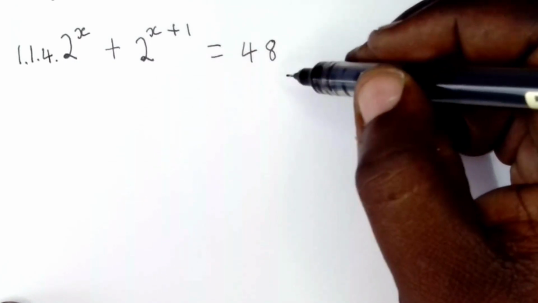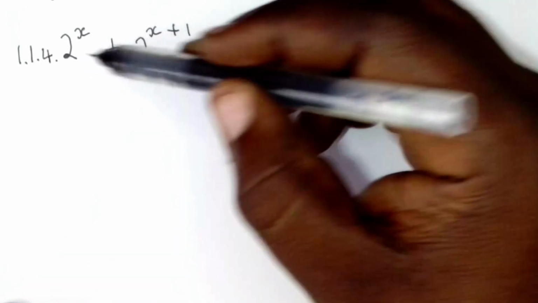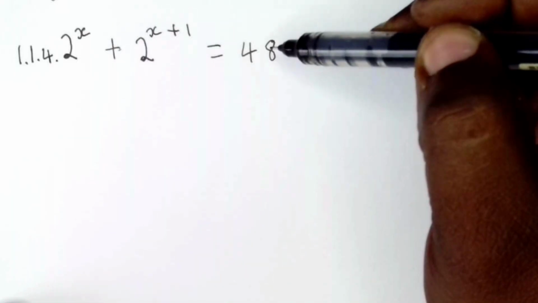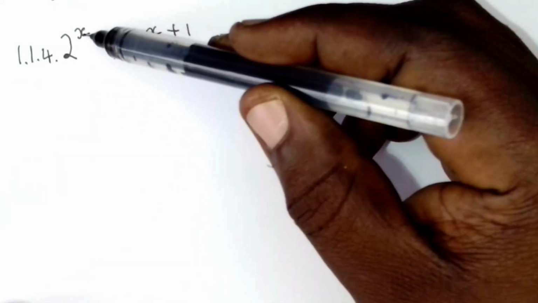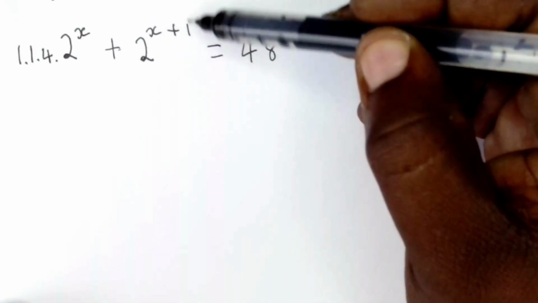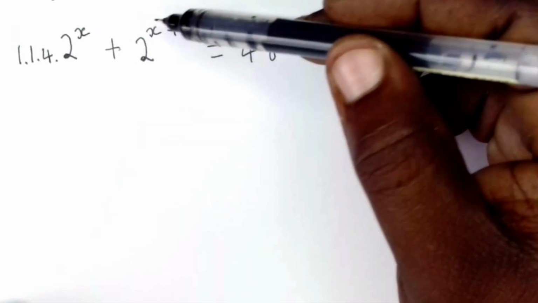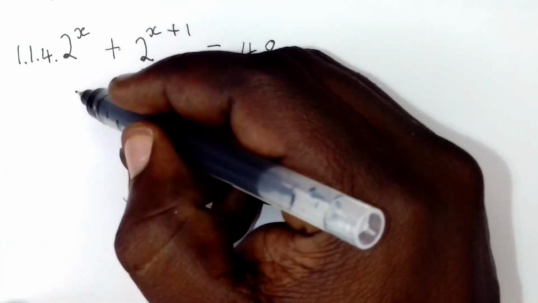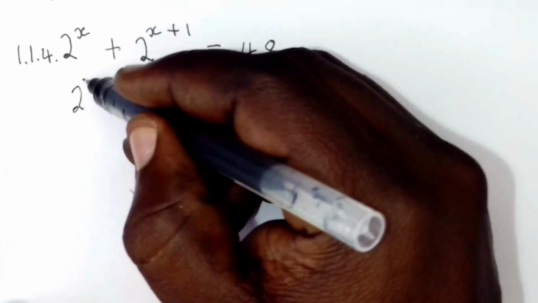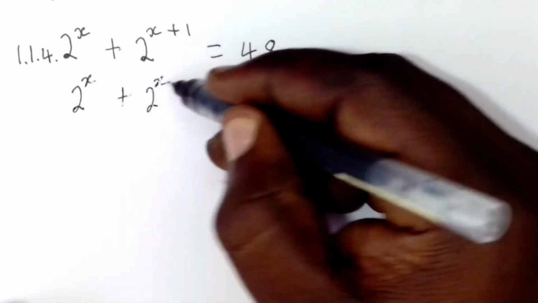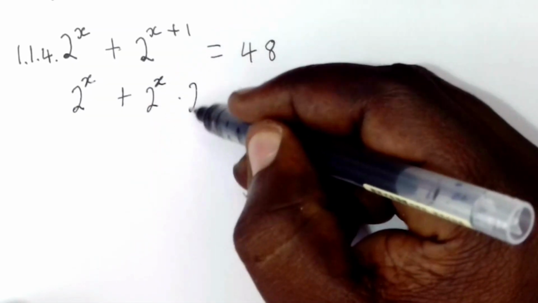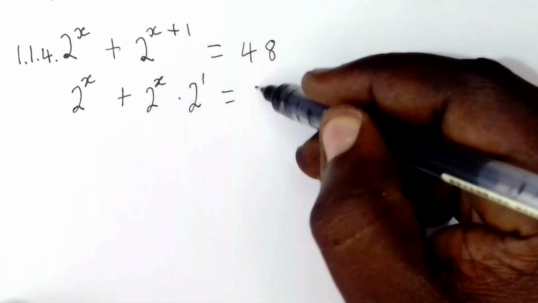So what about this one? Look at this. You are given these two terms equal to 48. So what do you see here? 2 power of x, 2 power of x plus 1. But here something is fishy. You need to separate these ones. So it's going to be this x plus, separate this back to the original, or where it's coming from.